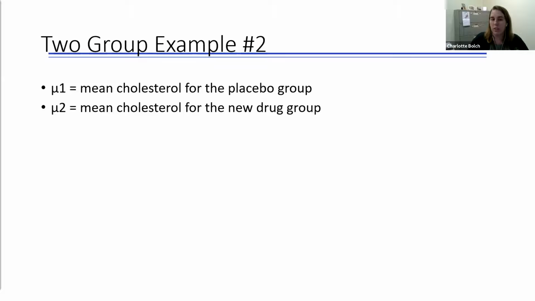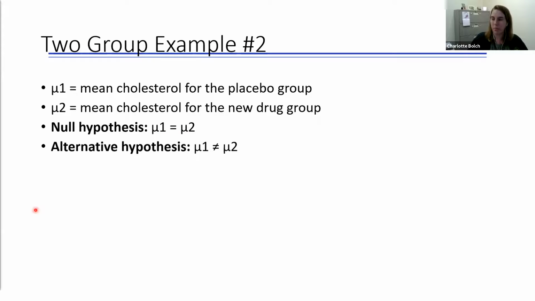So we're going to be comparing the mean cholesterol values: the mean cholesterol for the placebo group and the mean cholesterol for the new drug group. Our null hypothesis is that the mean cholesterol for those two groups is equal.